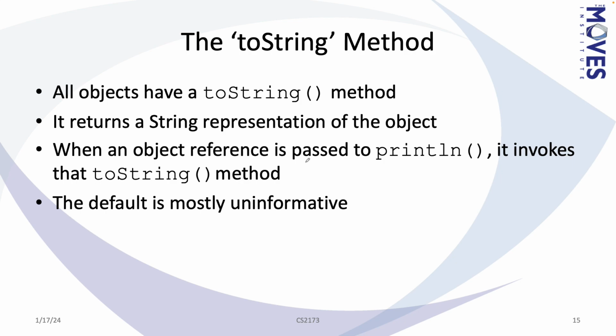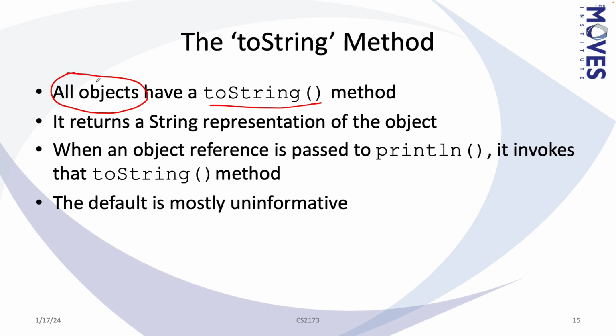One of the most important methods in Java is a method called toString, and that's a pretty well-named method. It's one that all objects in Java have. Now, how can that happen? That happens because of the way the class hierarchies are organized, and we'll get into that in a big way.